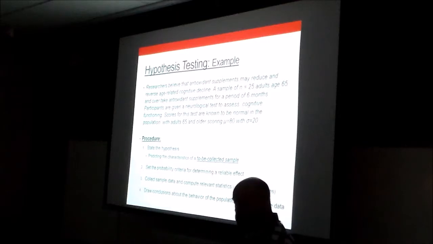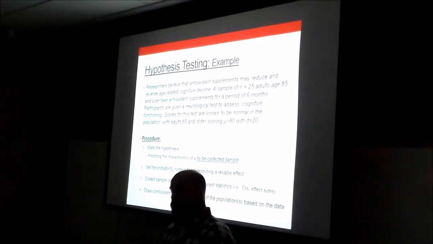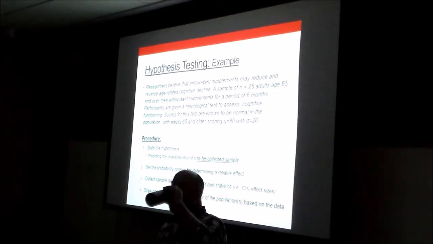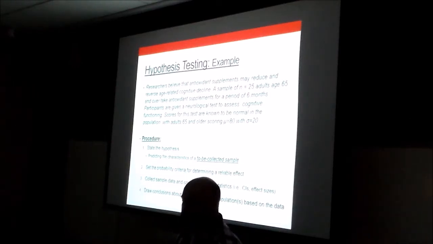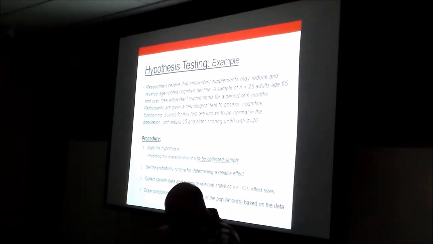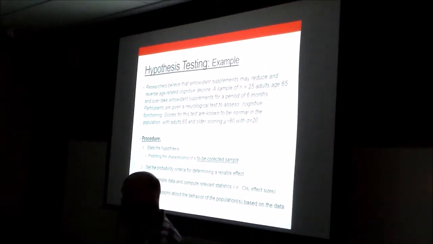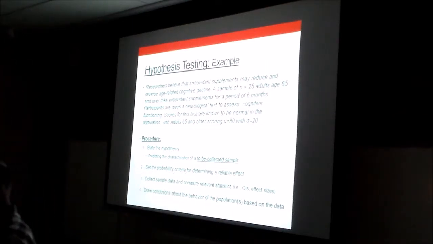Yeah. So in this scenario, can't the population be the individuals who take supplements, those who are 65 and above in age? So everybody's 65 and older, right? So we have older adults.